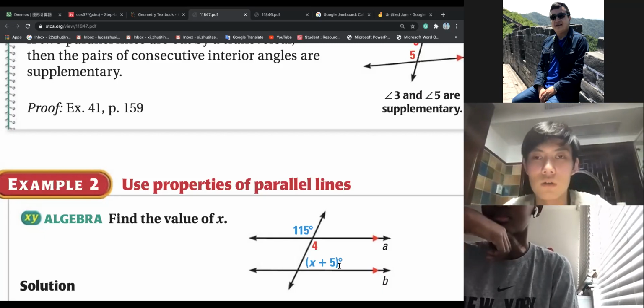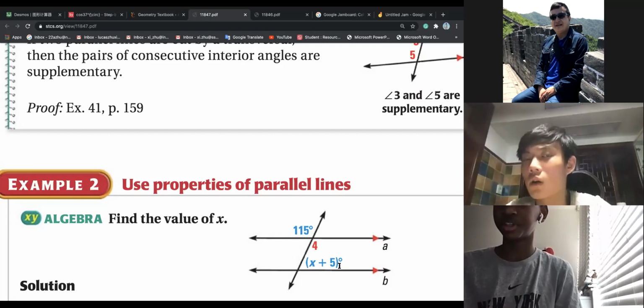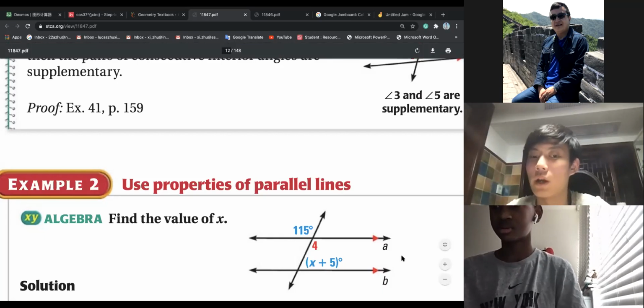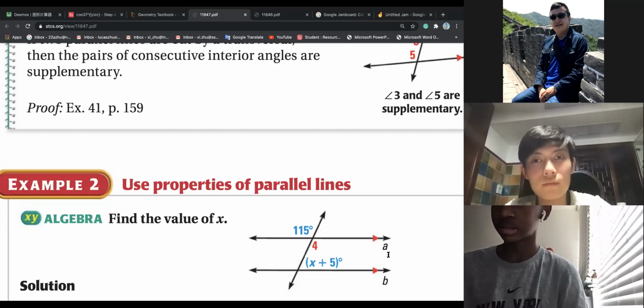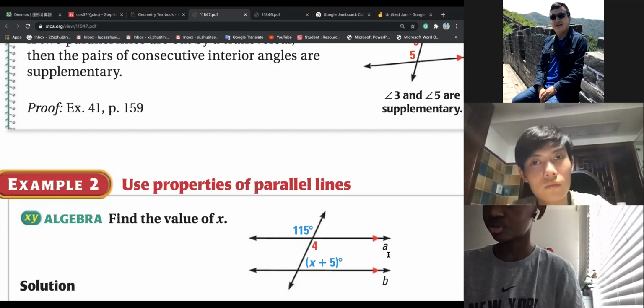What's the relationship for corresponding angles? They have the same measurement, right? Yeah. So what do you do right now to solve for x? x plus 5 is equal to.